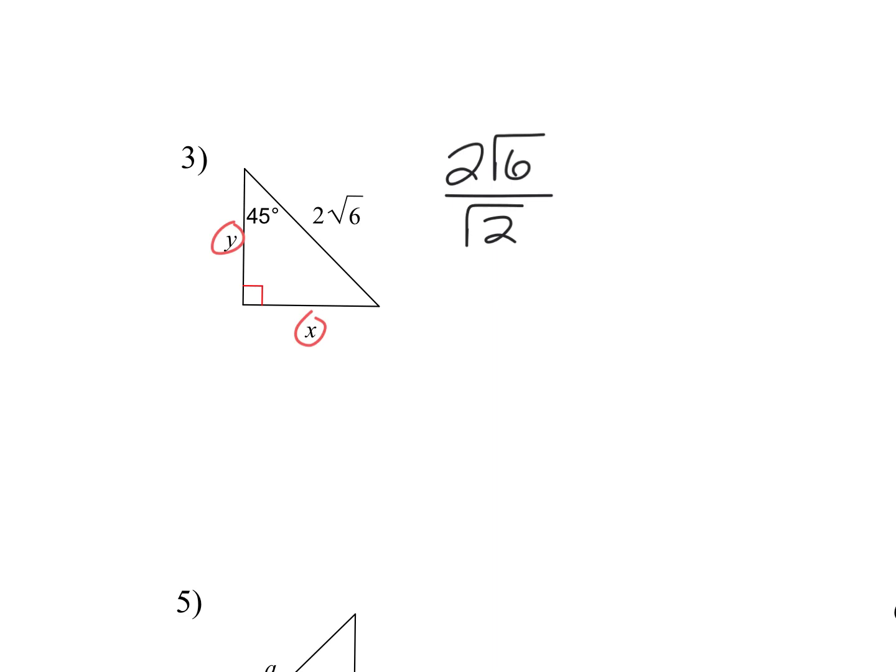Can we do that? Yeah. Okay, what does that turn into? 2 square root of 3. Right, take 2, and then we can divide our radicals. Square root of 6 divided by the square root of 2 is square root of 3. Just like multiplying, when we had 2 radicals multiplied together, they made 1 radical. Same thing with dividing. Okay?